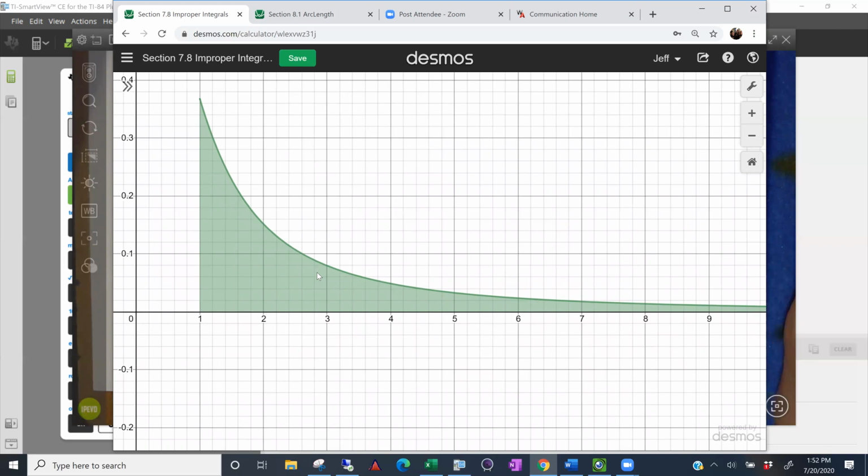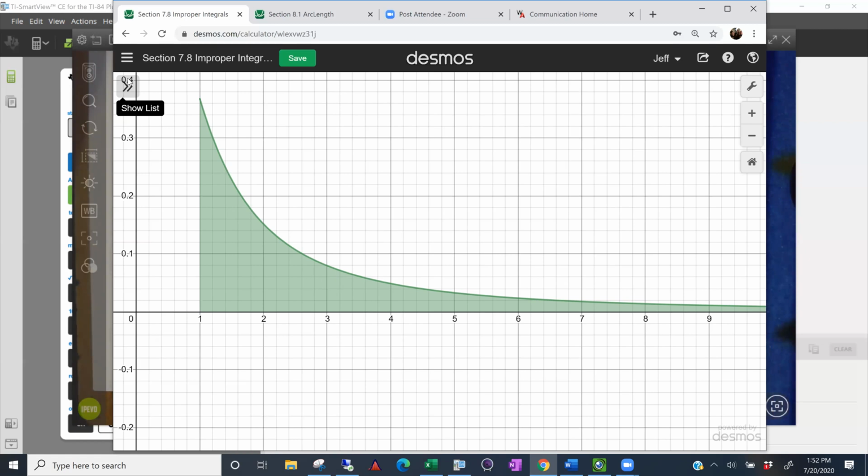We got a positive answer, so that's all good. Unfortunately for us, this approaches the x-axis fast enough that the area between the curve and the x-axis is finite, and the integral converges. We actually got an answer as opposed to something that didn't converge, which we'll see later in the second half of this lecture. We'll see a couple examples that don't actually work.